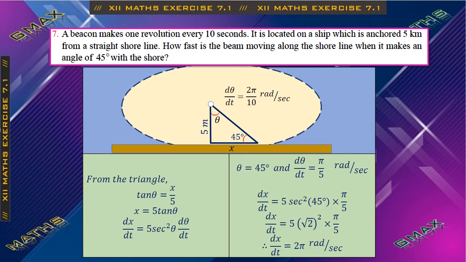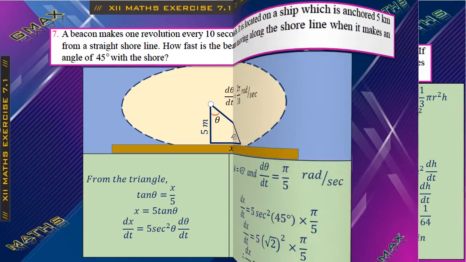In this, we have to find the value when theta is 45 degrees and the rate of change is pi by 5 radian per second. Substitute the value, you will get the rate of change of light on the seashore, dx/dt, equal to 2 pi per second. Just understand the picture and make use of it.